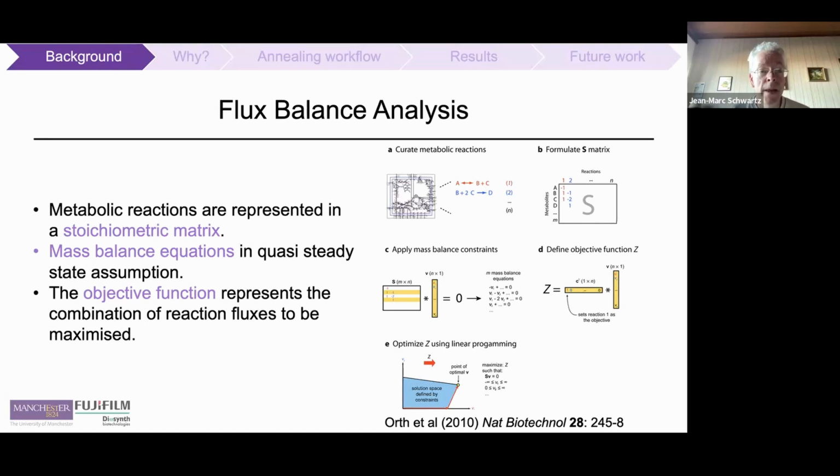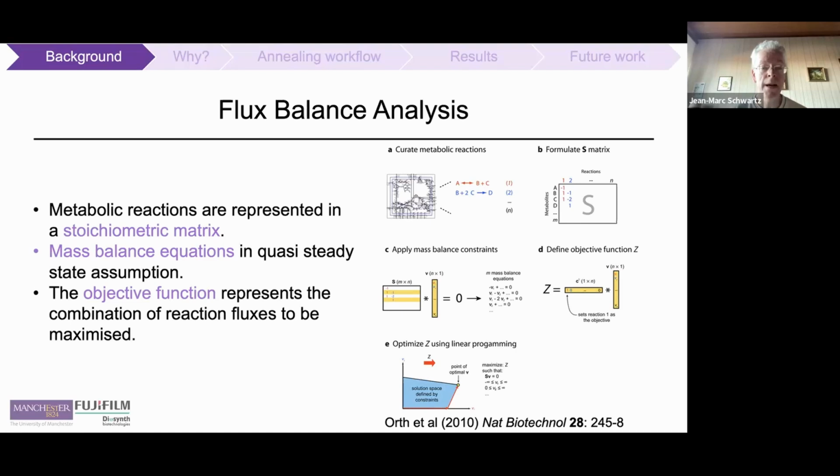So the way FBA works is that we represent metabolic reactions in the shape of a stoichiometric matrix, which you can see an example of here in B. A stoichiometric matrix is a big table where we put all the reactions in columns and all the metabolites in rows, and then we enter the stoichiometric coefficients in this matrix. Then we apply mass balance equations.